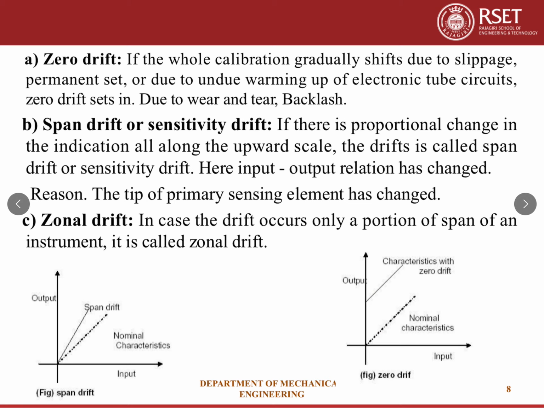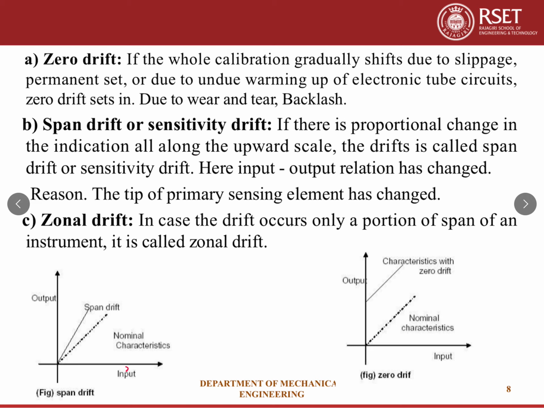Another type of drift is called span drift or sensitivity drift. Here there is a proportional change in the indication all along the upward scale. That means there is a change in the input-output relation.